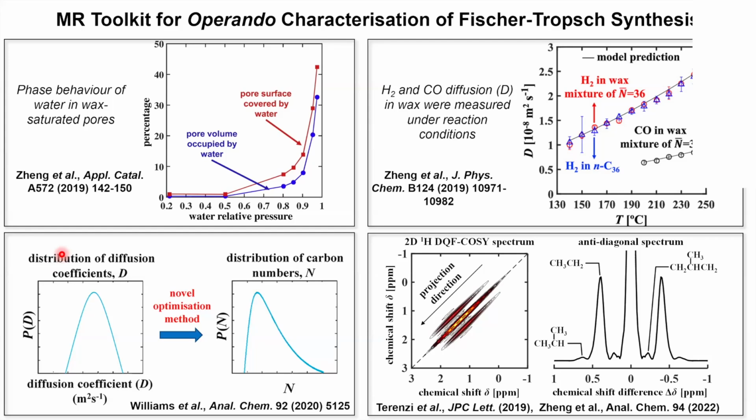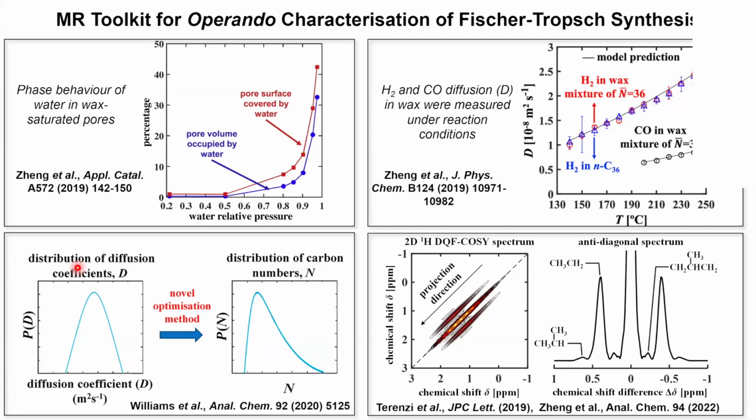So what we came up with was something that had been shown before, that the diffusion within a certain mixture is dependent on the chain length itself. So we're looking at whether it's decane or nonane or dodecane or whatever the different chain lengths. And so the diffusion will be dependent on that chain length. And we've shown with a suitable novel optimization method that we can do a diffusion measurement, a PFG measurement.